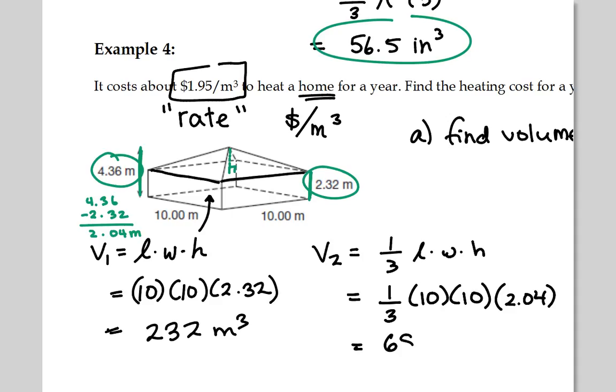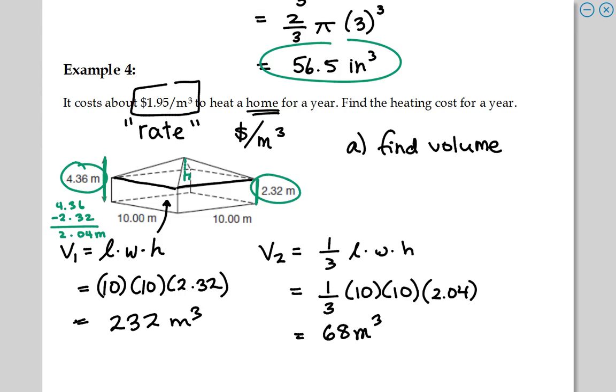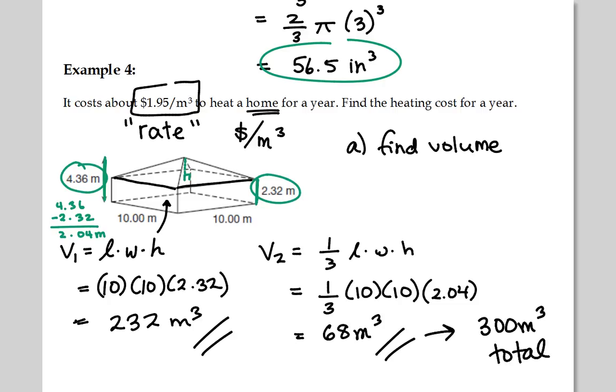And you get 68 cubic meters. Is everybody okay with that? All right. What are we going to do with these two values? Add them up. 232 plus 68. I got 300 meters cubed total.